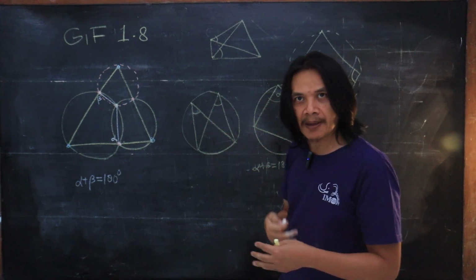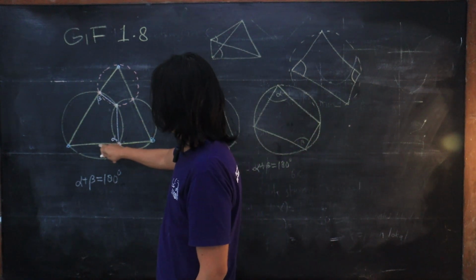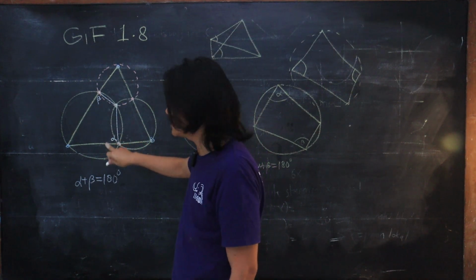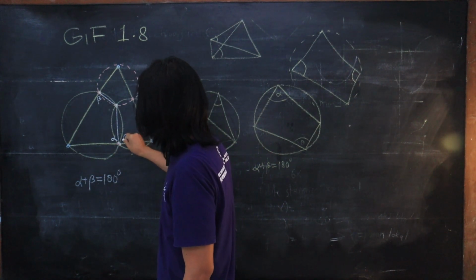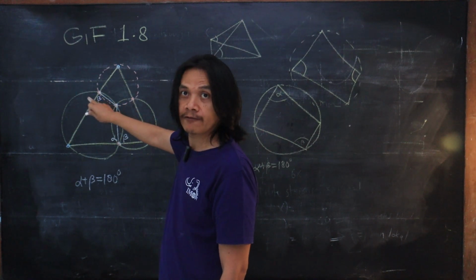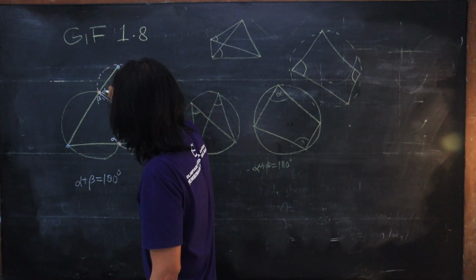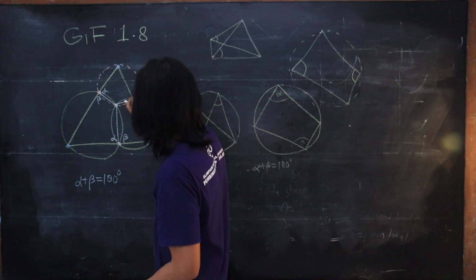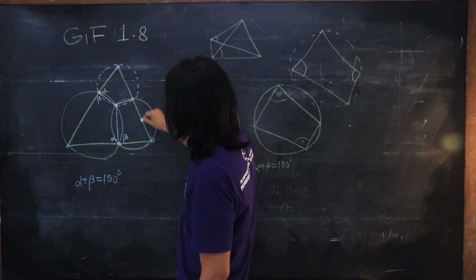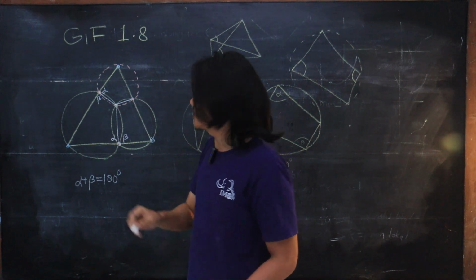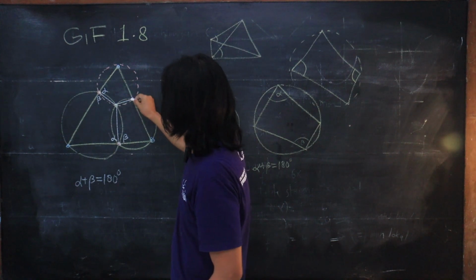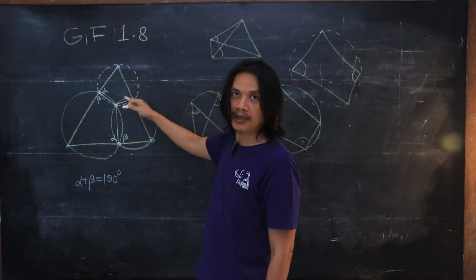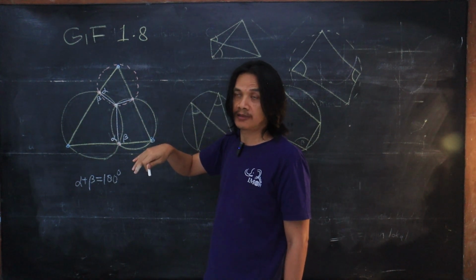Now let's do some angle chasing. Since this is a straight line, certainly this one is the supplement of alpha, which is beta. And this is also the supplement of beta, which is alpha. Now, connect this point to that other point. Since these 4 points belong to the same circle, this is a cyclic quadrilateral, so the sum of the opposite angles is equal to 180 degrees.